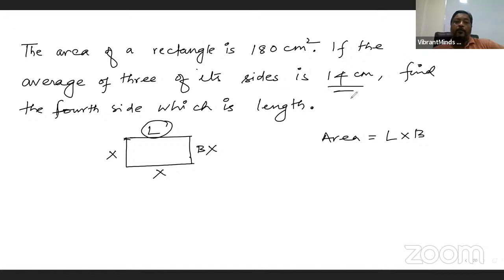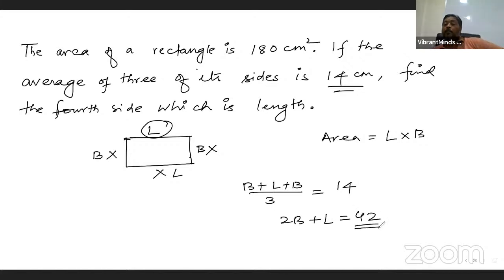Average is 14. So can I say this is your breadth and this is your length? So breadth plus length plus breadth by 3 is equal to 14. So can I say 2b plus L is equal to 42? This is again one of the most important things.